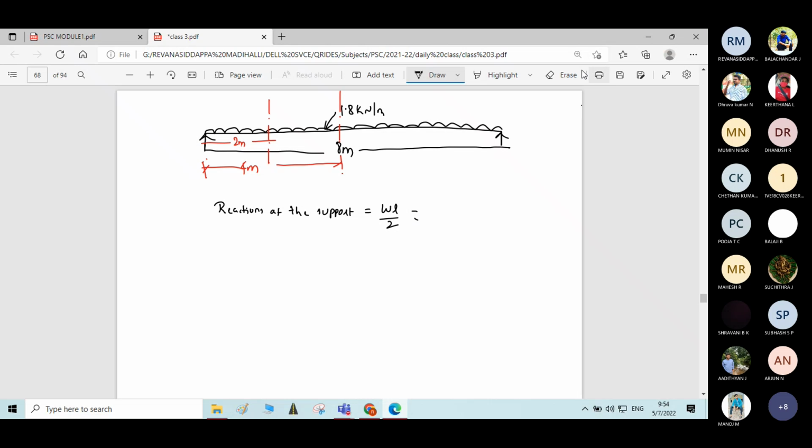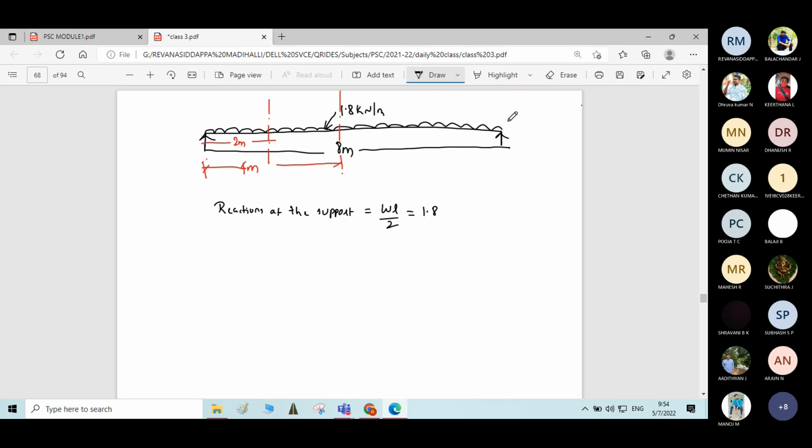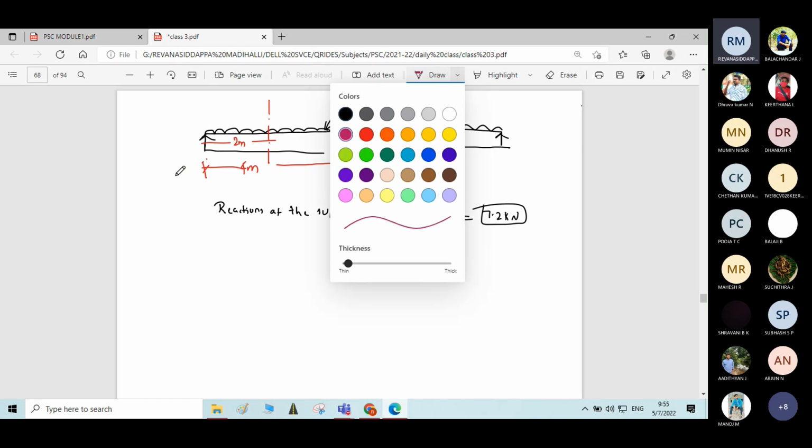So 1.8 into 8 meter divided by 2. What is the answer? It is 7.2 kilonewton. Let me write the reactions at the support. Here it is 7.2 kilonewton.